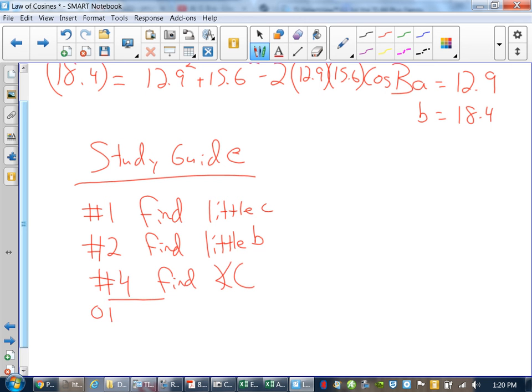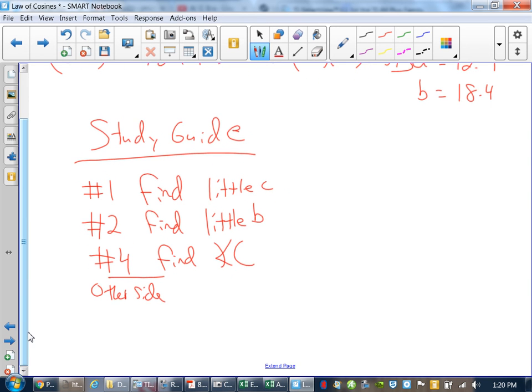And then on the other side, number 5, also find angle C. Just those 4 of them, and you're not solving the whole triangle.